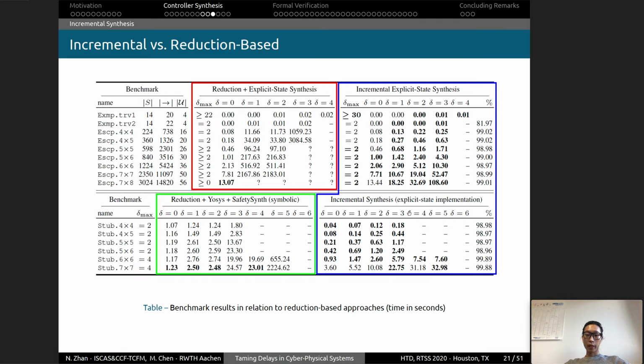But when delays go larger, say at 4 or 5, our implementation is able to synthesize a winning strategy or a winning controller in a couple of seconds. But this is not the case for this tool. So this tool doesn't scale much better in the delay setting.